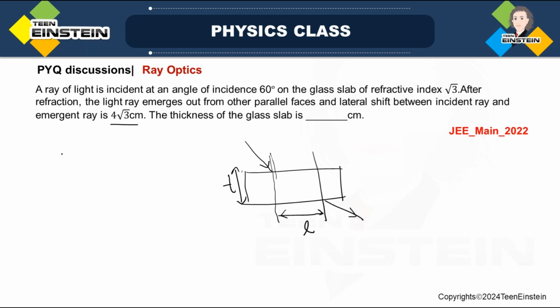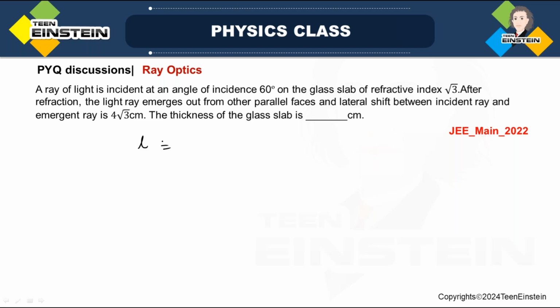So what is the formula for lateral shift? The formula for lateral shift is given as L is equal to t sine of angle of incidence i, whole into 1 minus cos i divided by root over mu square minus sine square i.